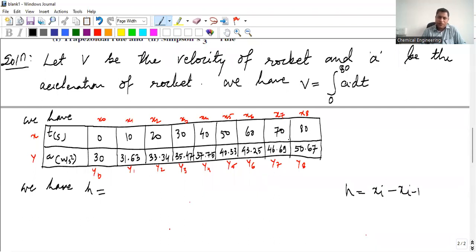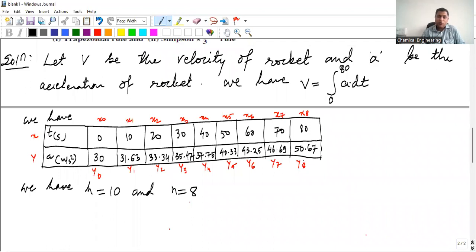You can see this is equally spaced data, correct? So can you guess the value of h? 10. h is going to be 10 and n is going to be 8.